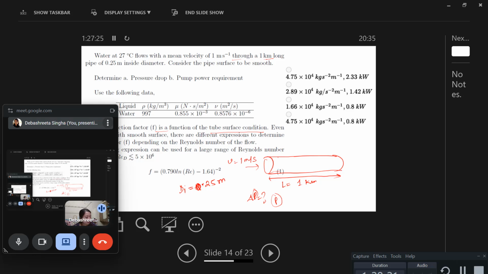Even for a tube with smooth surface, there are different expressions to determine friction factor F depending on the Reynolds number of the flow. So, the following expression can be used for a large range of Reynolds number. For that, first we find out what is the Reynolds number.